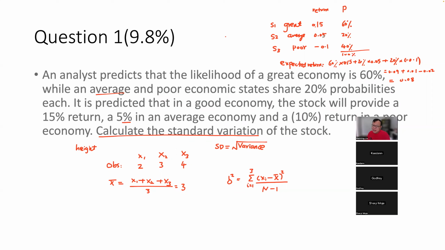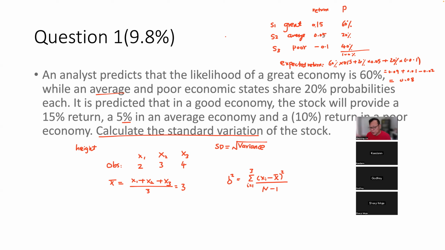If every year you have the same return and probability, and you do it for like 100 years, then on average, every year your return should be 8%. That's the expected return.